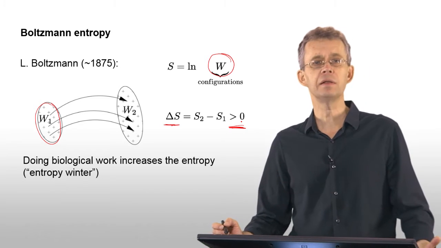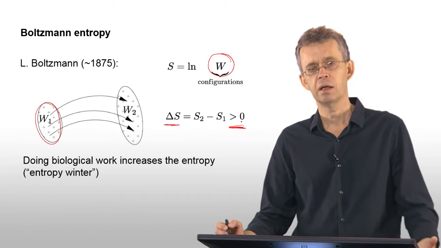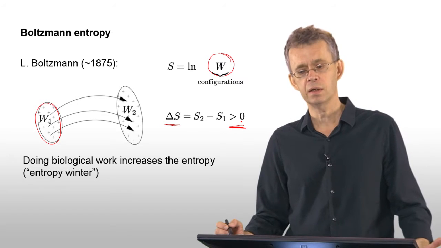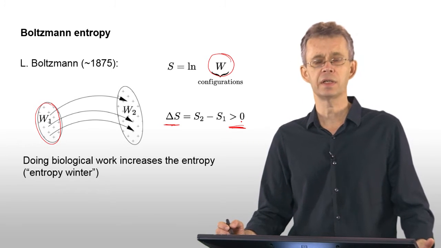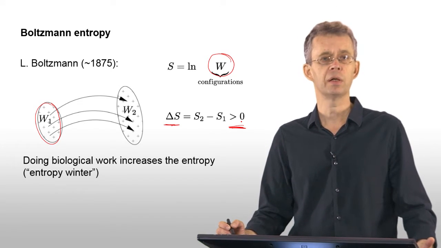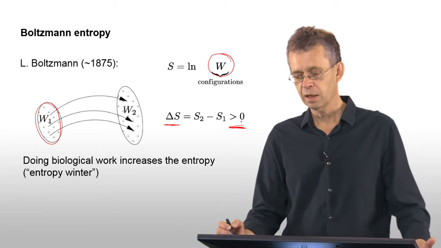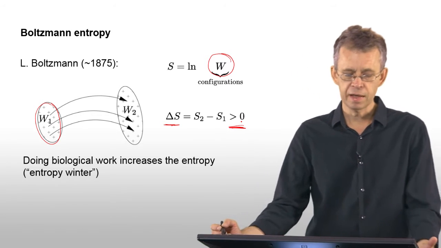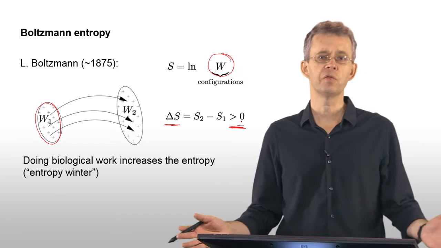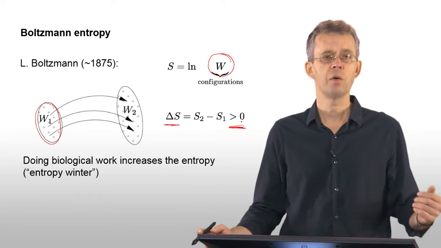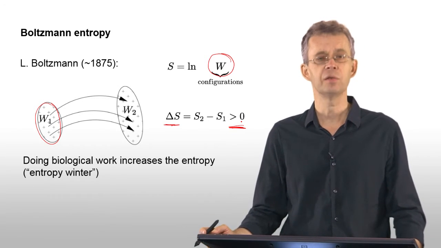If you think about that, it also means that the amount of disorder will increase every time you do some biological work. And that created the confusion that eventually, as a result of biology doing what it does, we should come to what was called entropy winter.